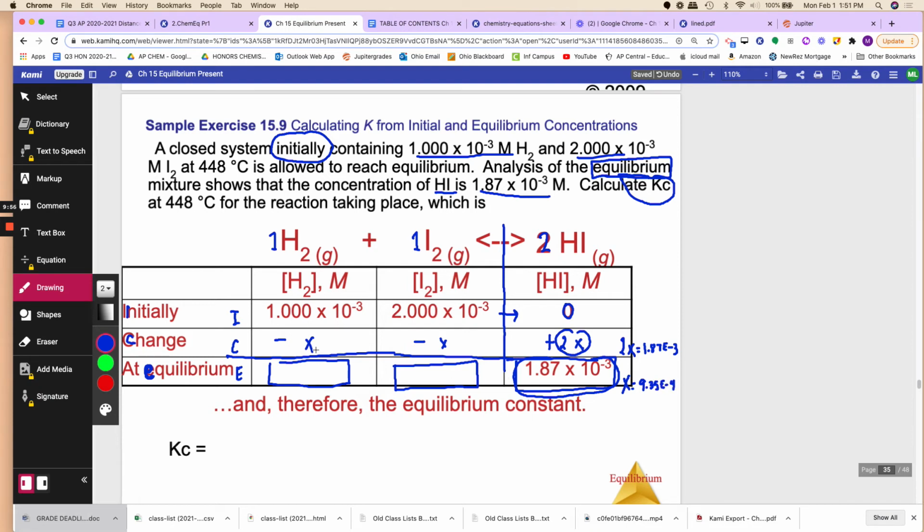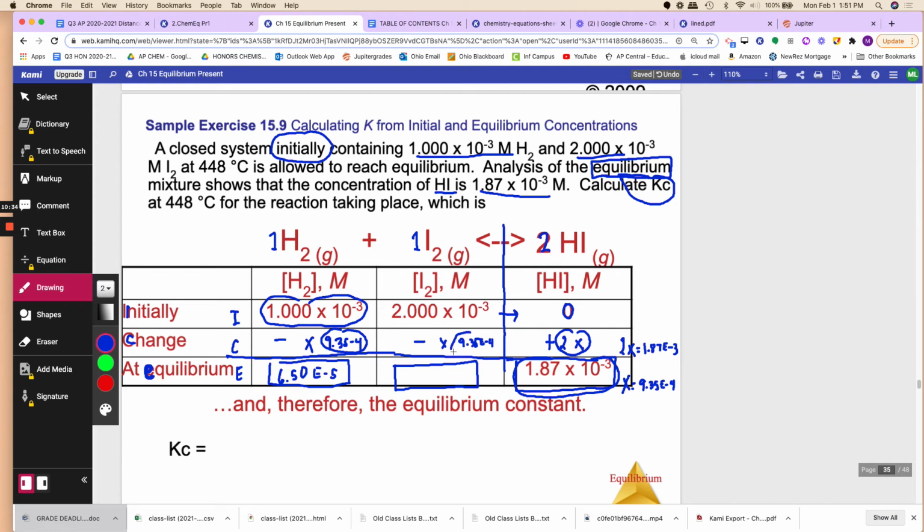Which means this is 9.35 e negative 4. This is also 9.35 e negative 4. So to get the amount of H2 left over, all you have to do is subtract 1 e negative 3 minus 9.35 e negative 4, which is what you used of H2, and this is how much you'll have left over of H2: 6.50 e negative 5 here.